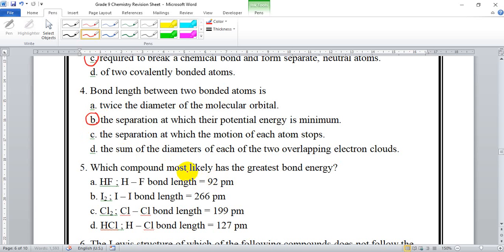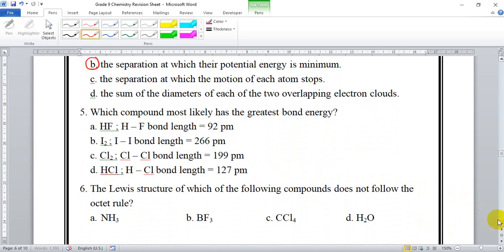Which compound most likely has the greatest bond energy? HF, I2, Cl2, or HCl.